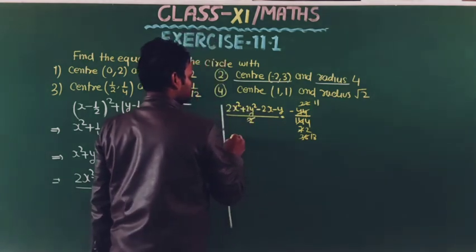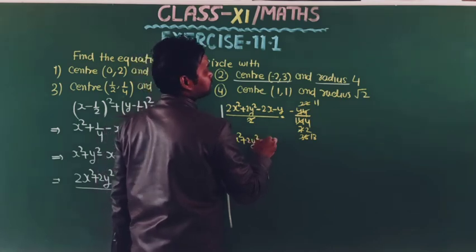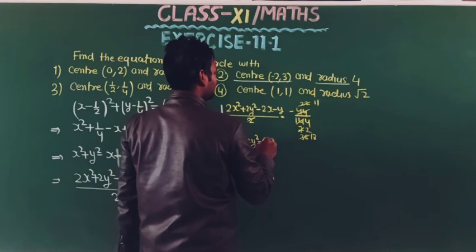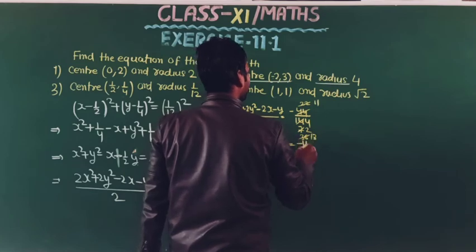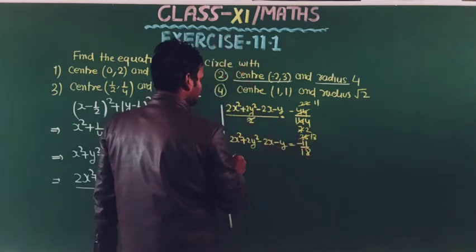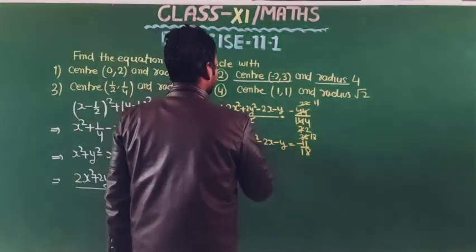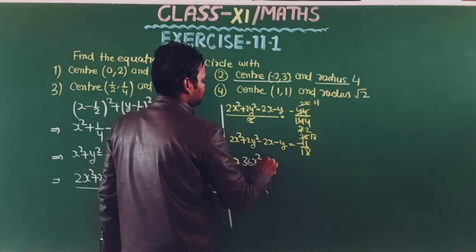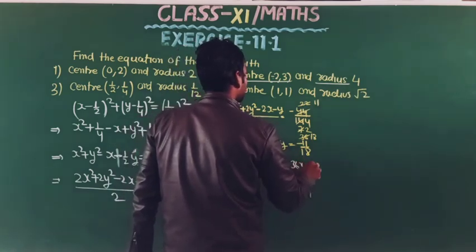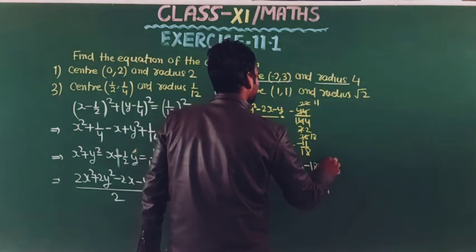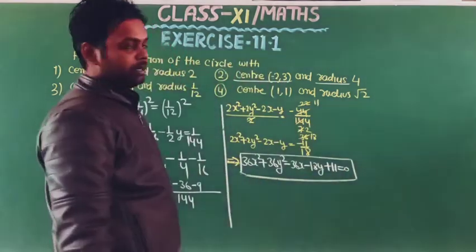Okay, so this is 2x square plus 2y square minus 2x minus y equal to minus 11 by 18, and after simplification we will get 36x square plus 36y square minus 36x minus 18y plus 11 equal to 0.